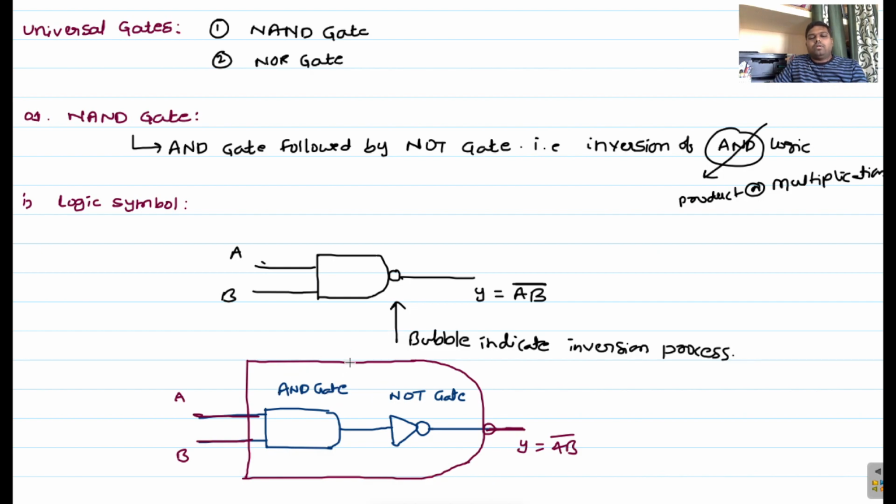Okay, this is about NAND gate, AND gate plus NOT gate. So combinedly we can draw like this. So this is about logic symbol of NAND gate, and next we can move to truth table.